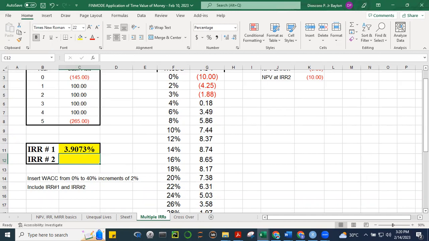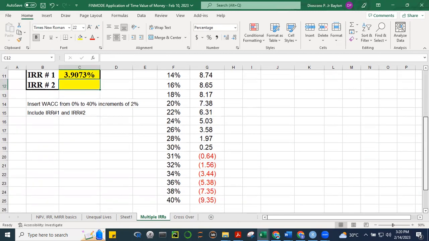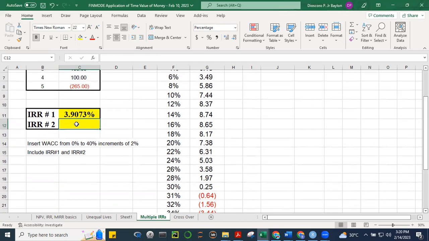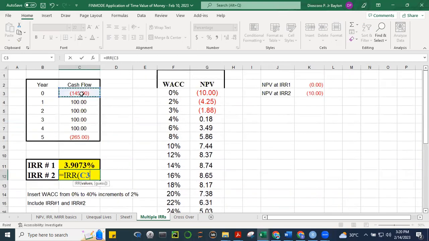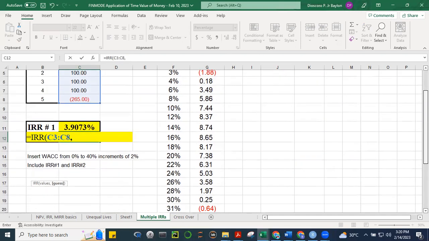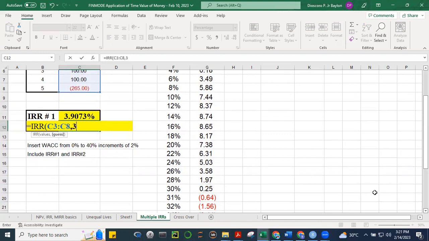Then we can look for the next IRR. How do we know there's a next IRR? Take a look at this. In our cash flow, there's another transition from a positive NPV to a negative NPV, which means that between 30 and 31%, you will have an NPV that's equal to 0. So let's do that. It's equal to IRR, the values are the same here, and then let's put a guess close to the inflection here, equal to 30%.